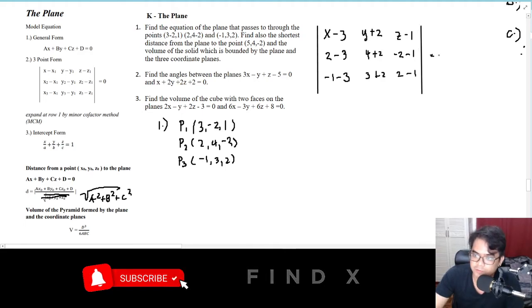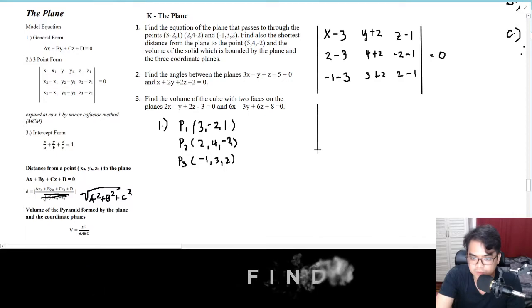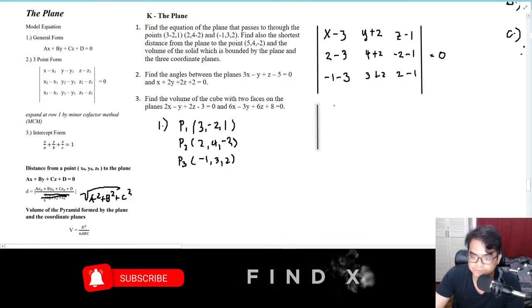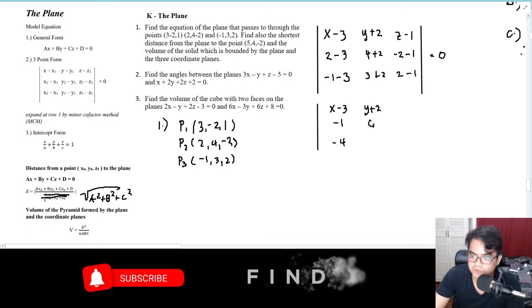Don't forget that this must be equal to 0, right? Let's try to simplify this. You will have x minus 3, negative 1, negative 4, y plus 2, 6, 5, z minus 1, negative 3, and 1.